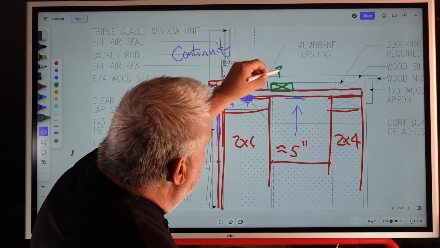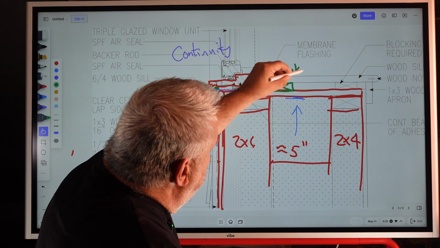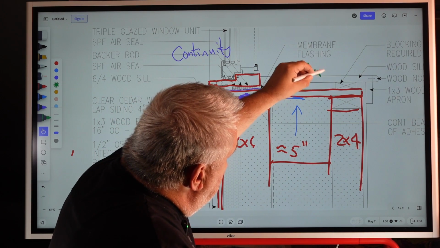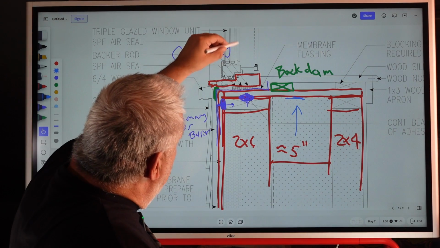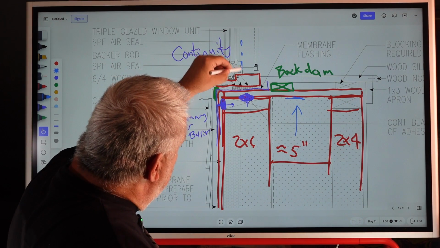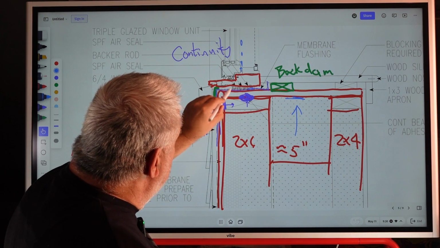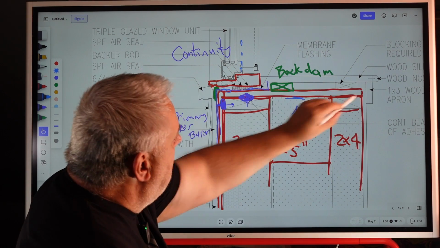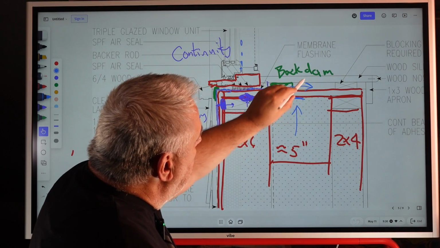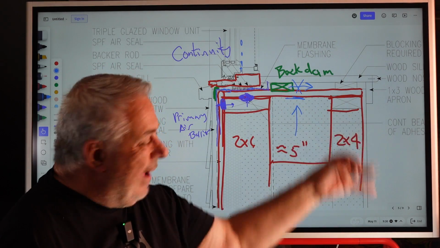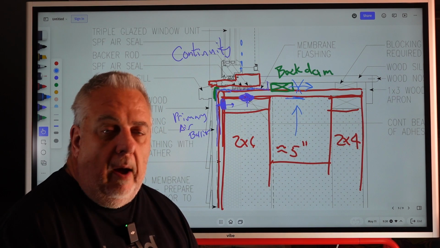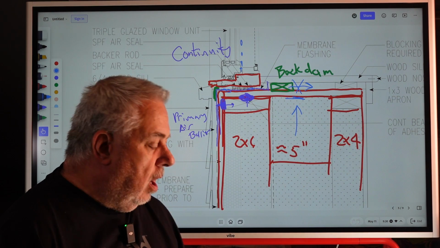We have a back dam, right? And the back dam's sole intention is, if any water comes down into the system, it's going to collect in this back dam, and it's not going to have the ability to traverse into our wall system, back of the drywall on the wall, create mold, all of those good things.